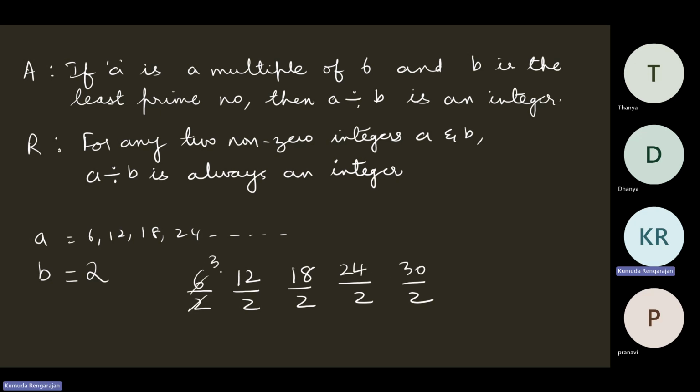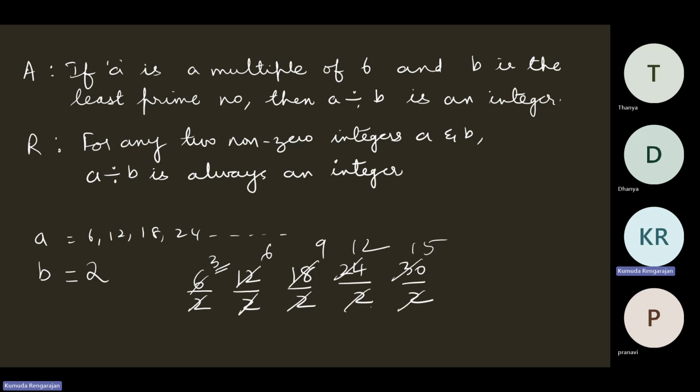3. Is 3 an integer? Yes. So A divided by B is an integer. 6 by 2 is 3, an integer; then 6, 9, 12, 15, all integers. When you perform A divided by B, the answer is always an integer.